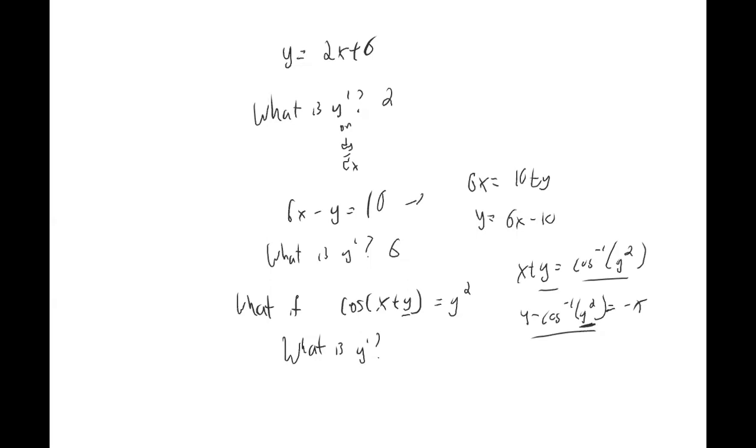So sometimes it's hard to write something as y equals a function of x, f of x, because I think most of you, it's implied that y is a function of x. But in some cases, it's hard to write it as y equals something in terms of x only. So we need a way to differentiate when we can't just express it as a function of x.